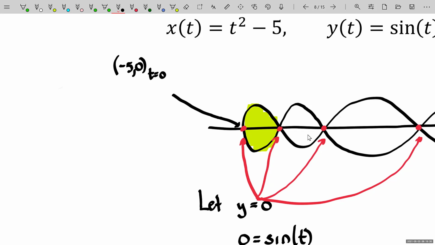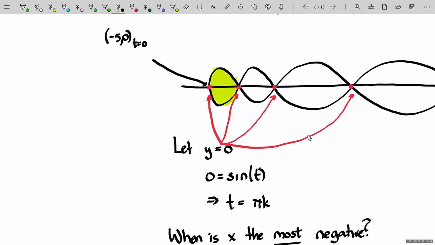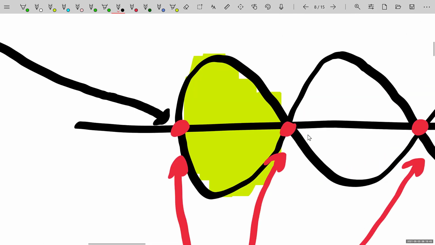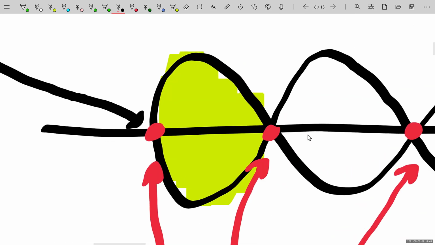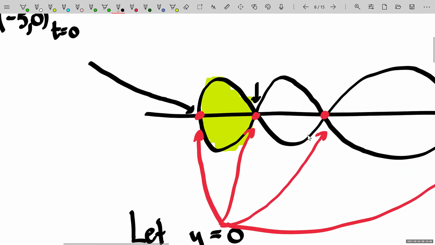And now it's my choice to find out when's the next x value. So at x equals negative 5, we cross the x axis. But what is the next x value where we cross the x-axis? That'll occur either at time equals pi or time equals negative pi.